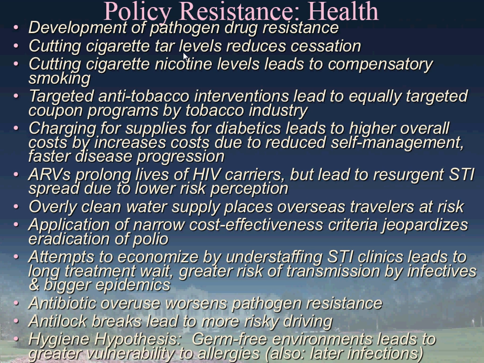well-intentioned interventions gone wrong. Cases where we've cut cigarette tar levels to help reduce harm to smokers, with the goal being less cancer, lower the burden of cancer, heart disease, lower the burden associated with emphysema by having smokers exposed to less carcinogen. What could go wrong? Well, it often ignored cessation.